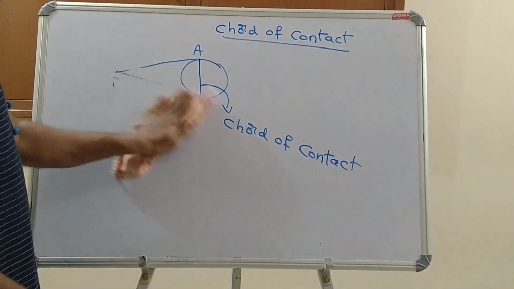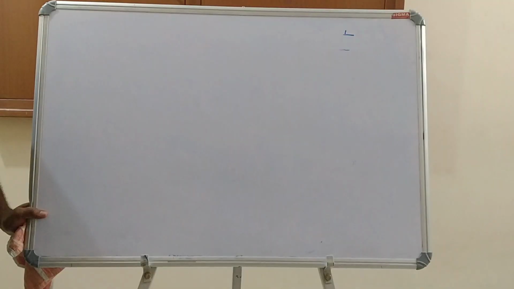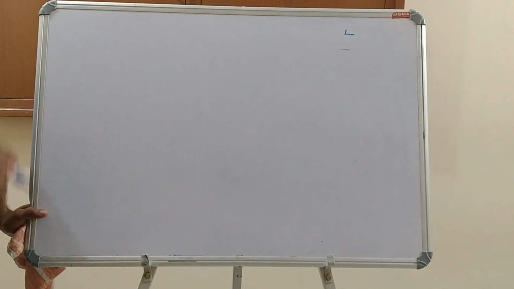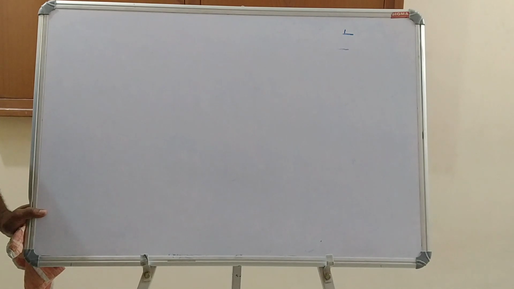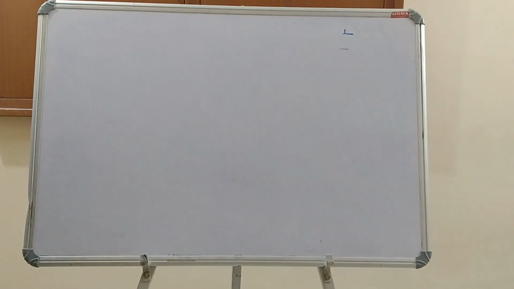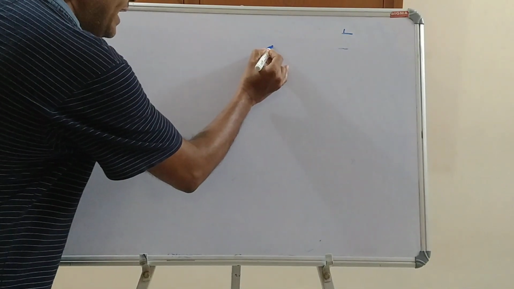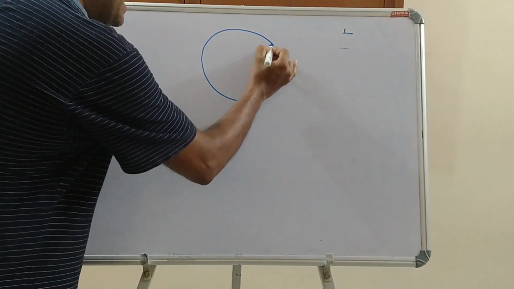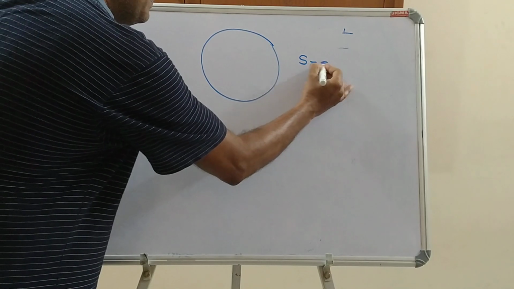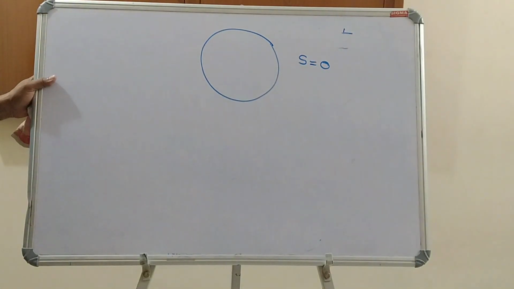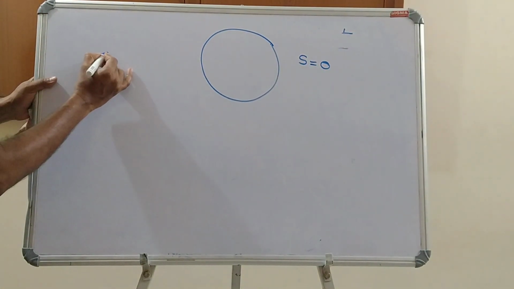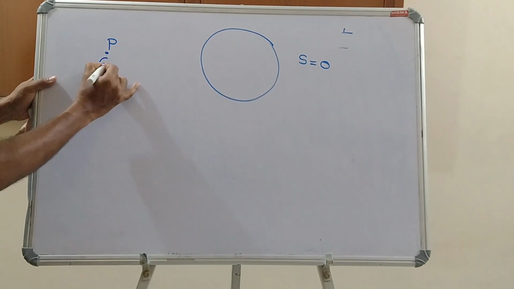First of all, let us take the circle S equal to 0 and the external point P (x1, y1).